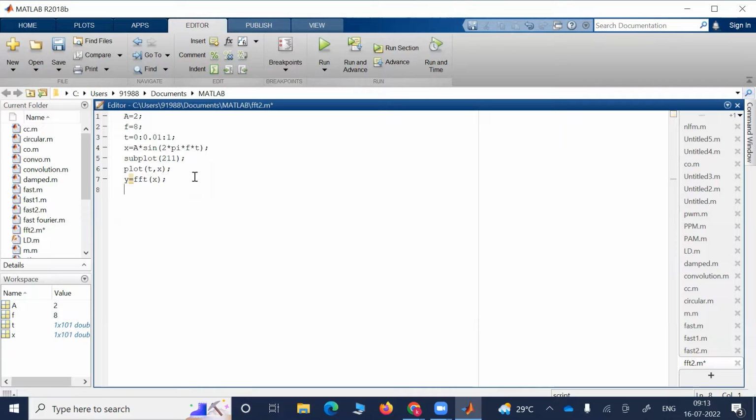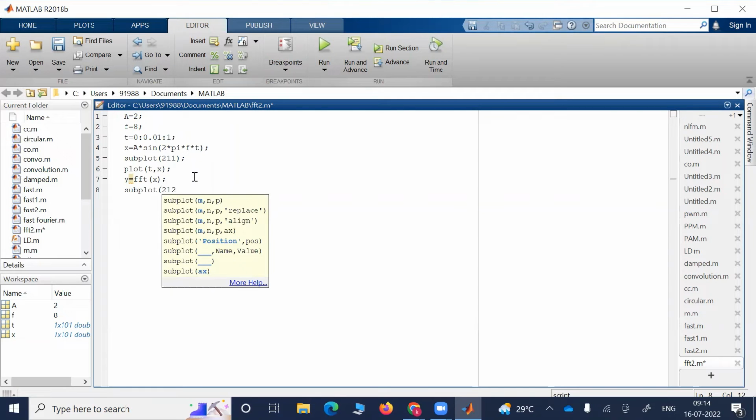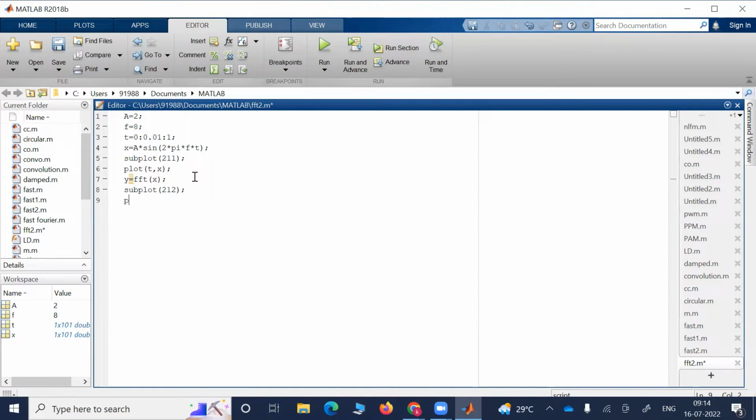Now if you plot this, subplot of 2, 1, 2, the second plot, I'm going to plot y. So I have used the FFT of x function.